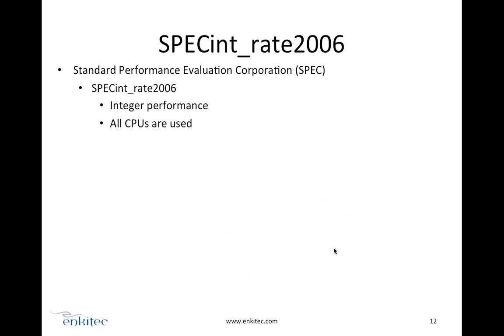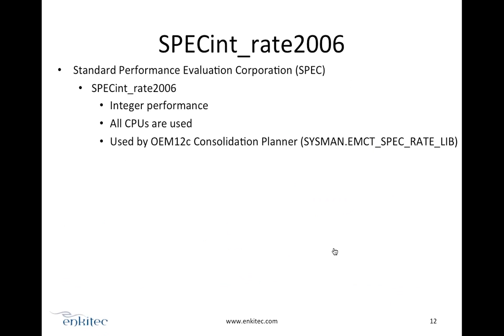All right. So the second is the SPECint rate 2006, which is by the Standard Performance Evaluation Corporation. SPECint rate measures the integer performance, which most software actually makes use of, integer calculations, or operations.